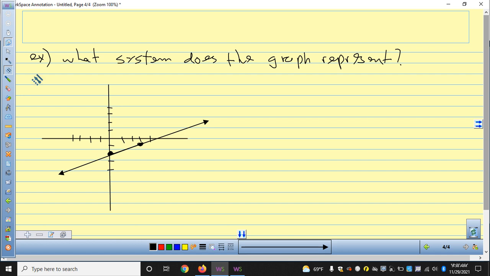Now I'm going to graph another line, and this one is going to go through this point. And this one's going to be a dotted line.